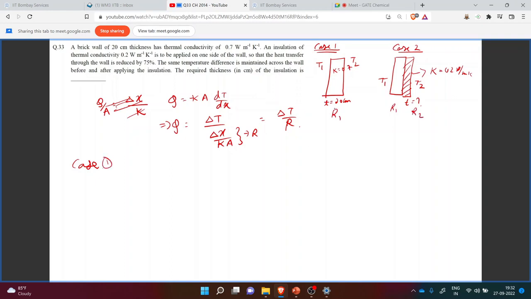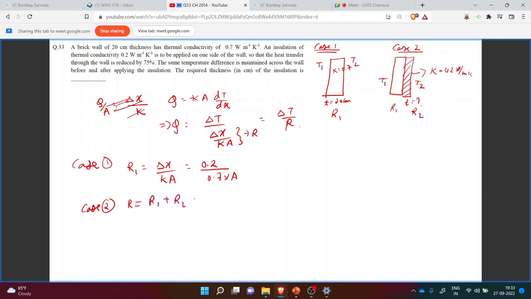So for case 1, we will have a single resistance, R1, which is equal to delta x upon k A. Here delta x is the thickness of the wall that we have been given as 20 centimeter, basically 0.2 meter. The thermal conductivity we have been given as 0.7. Let's just keep the area as A. Now for case 2, the total resistance will be the sum of R1 and R2.